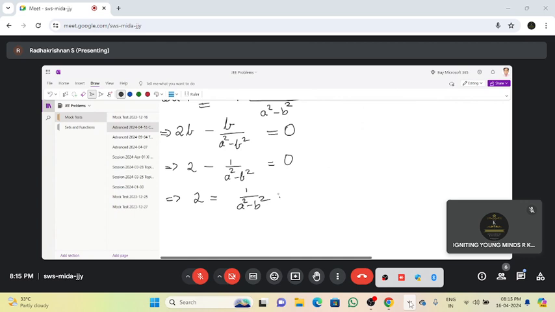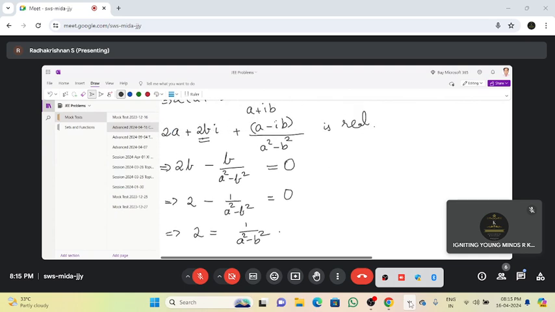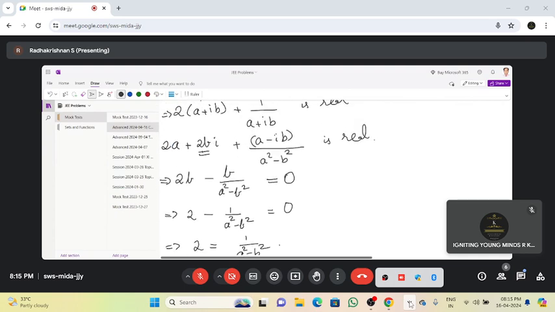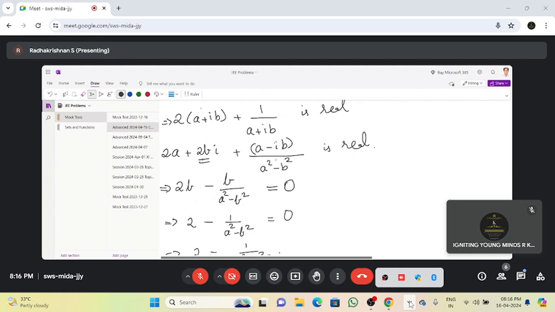Sorry, this is a square plus b square. a plus ib into a minus ib is equal to a square minus i square b square.